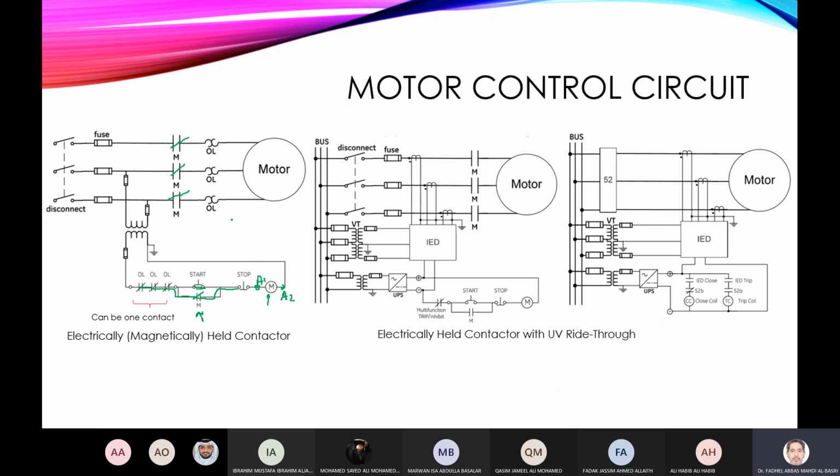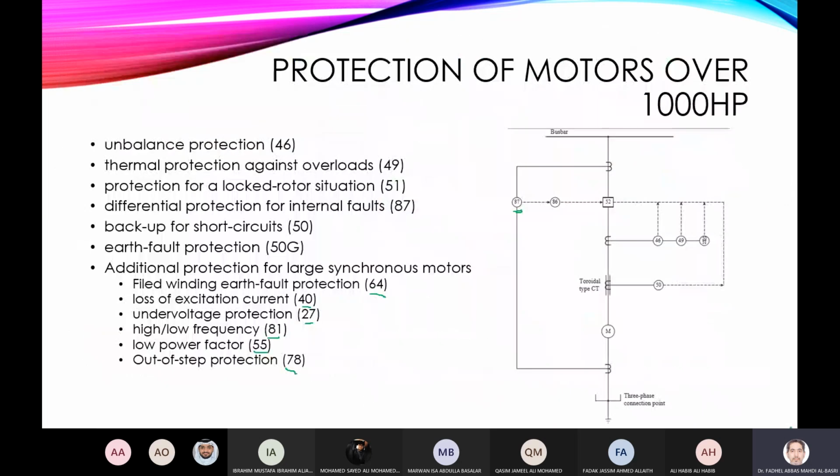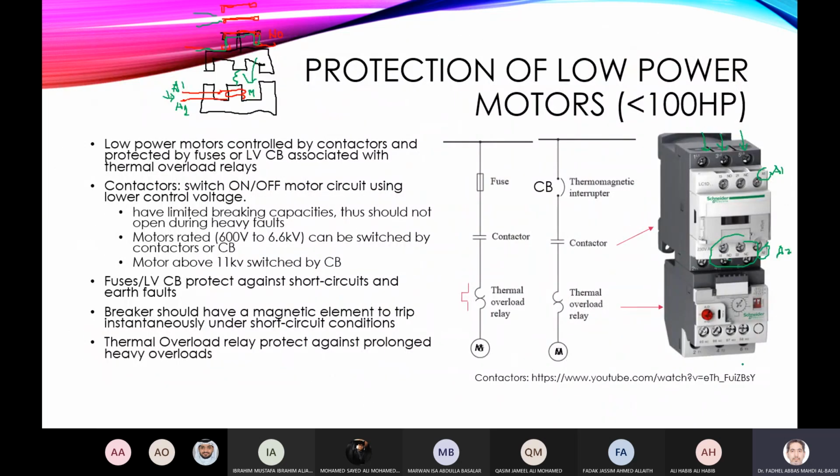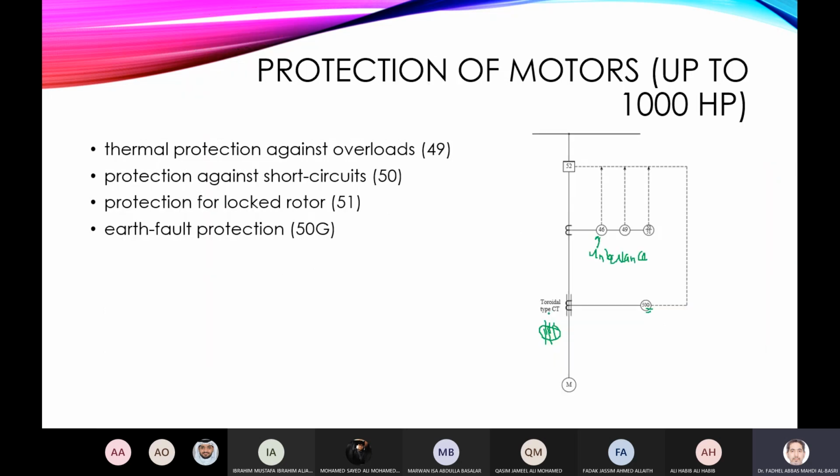Now the overload contacts. In the overload relay, I also have contacts here. Down here you have contacts. This is the output to the motor, this is the supply input, and here there are contacts dedicated for this. Now when the overload trips operate, the normally closed contact becomes open.